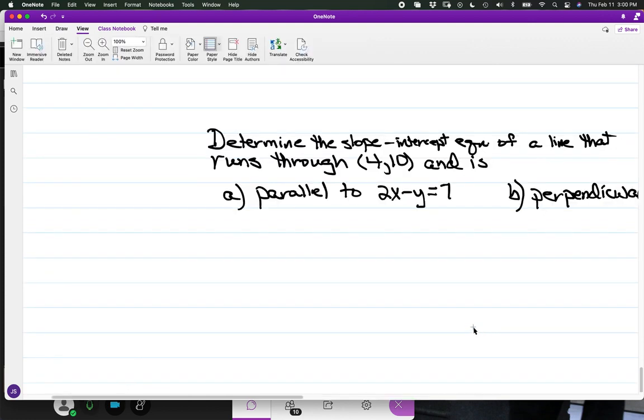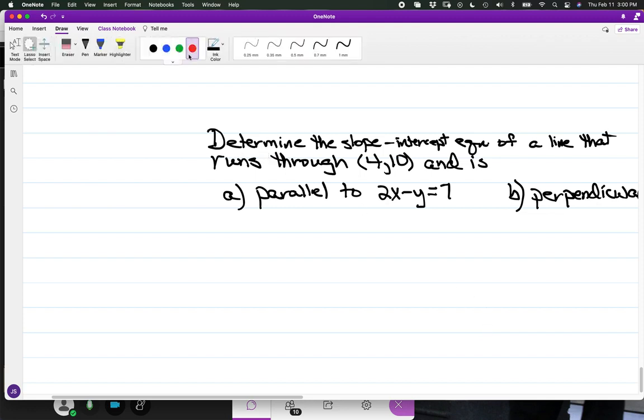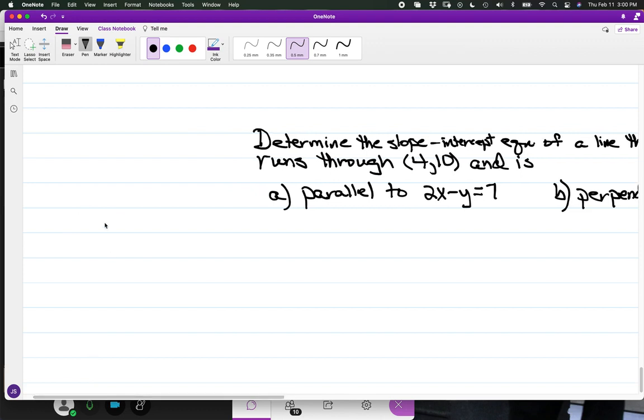Okay, if we look into what would be the parallel and the perpendicular lines, we have that which represents what is given. So we have 2x minus y is equal to 7.